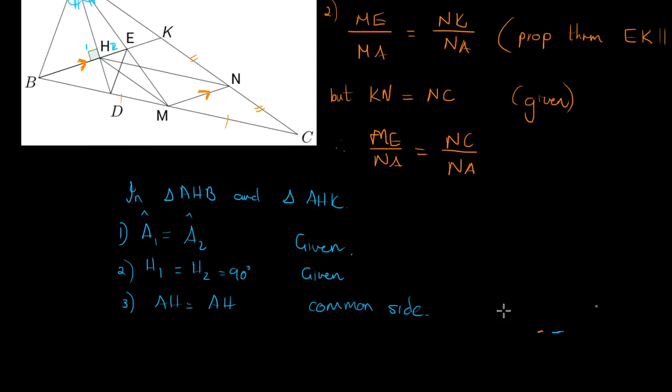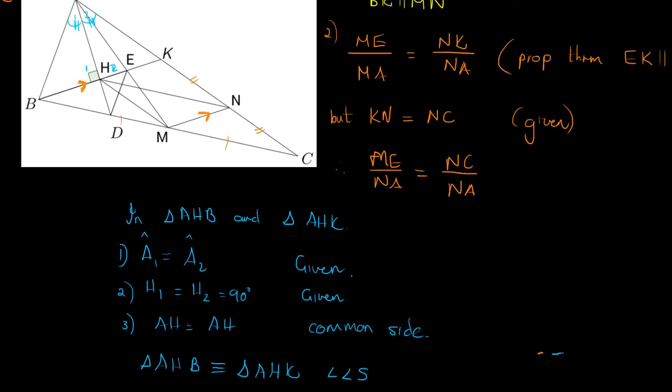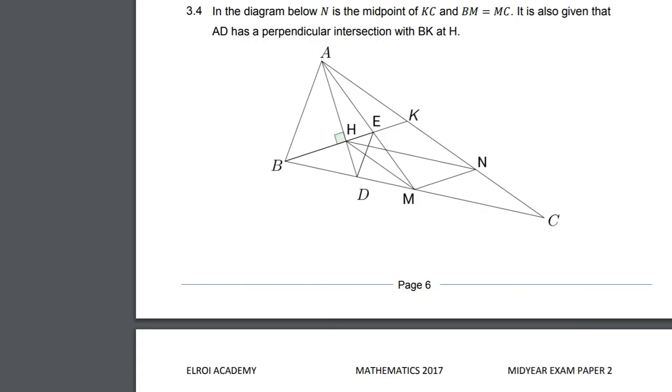And so our final response is that AHB is congruent to AHK, and the reason why is because we have an angle, and one side in common. That is a third way. So now we've actually seen all the ways of proving triangles are congruent, and just showing you how important it is to be able to do so.